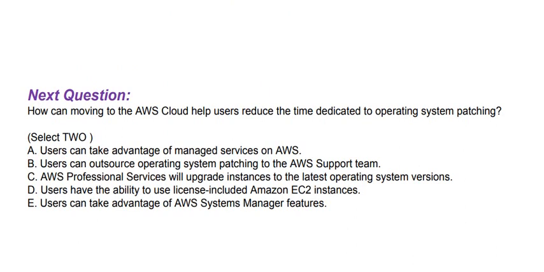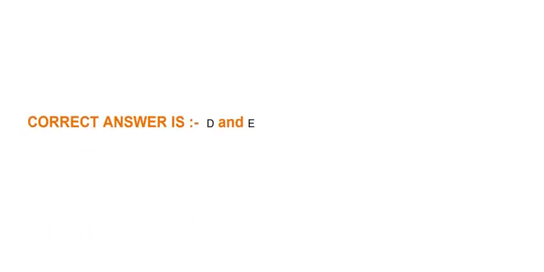Option C. AWS professional services will upgrade instances to the latest operating system versions. Option D. Users have the ability to use license-included Amazon EC2 instances. And option E. Users can take advantage of AWS Systems Manager features. The correct answer is option D and E.